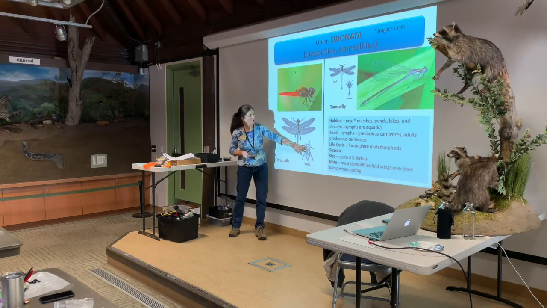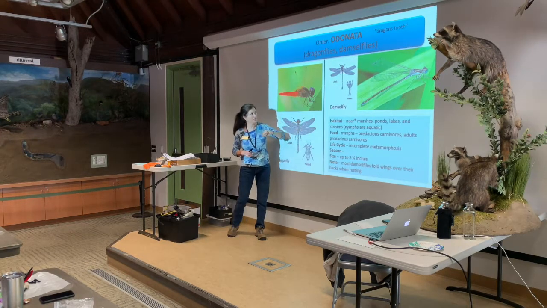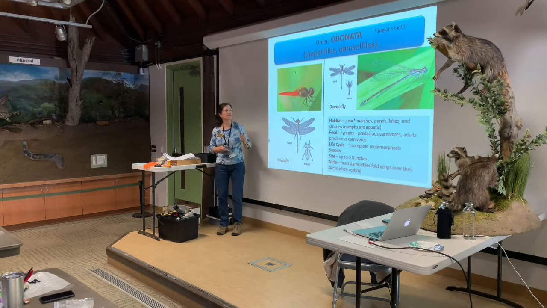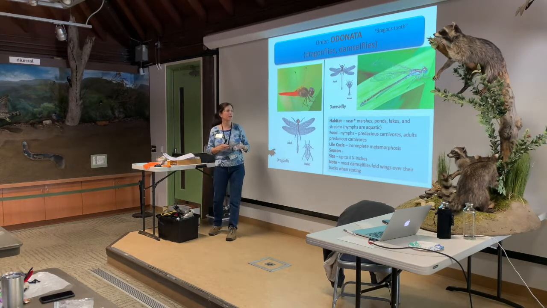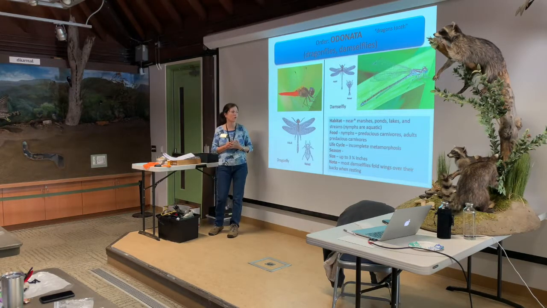They have aquatic juveniles as well, so their nymphs are aquatic, so they're naiads. They can fly quite a distance, so near is a rough term. Near marshes, ponds, lakes, and streams, because those nymphs are aquatic.